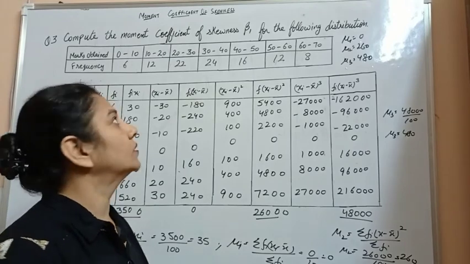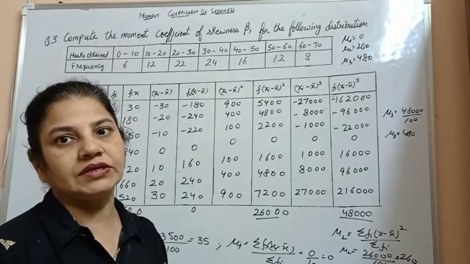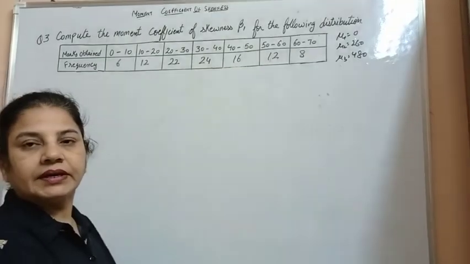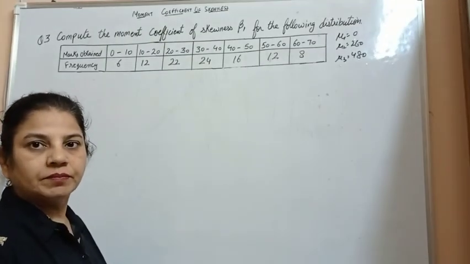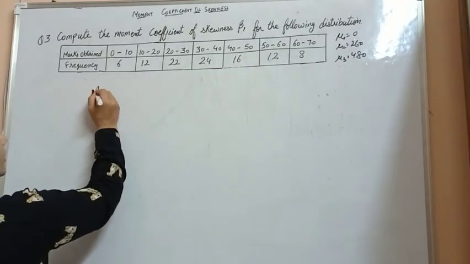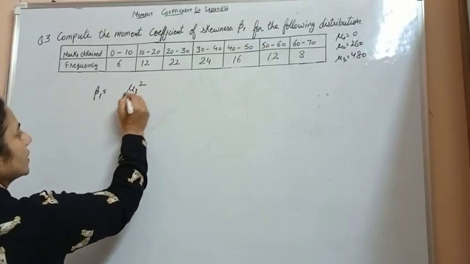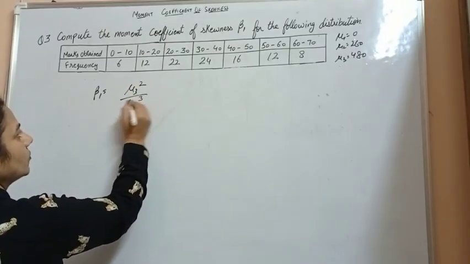Now we are going to solve the moment coefficient of skewness beta 1. Hence we have calculated these three central moments. Let us proceed with the moment coefficient of skewness. Apply the formula. The formula says third central moment square divided by second central moment cube.